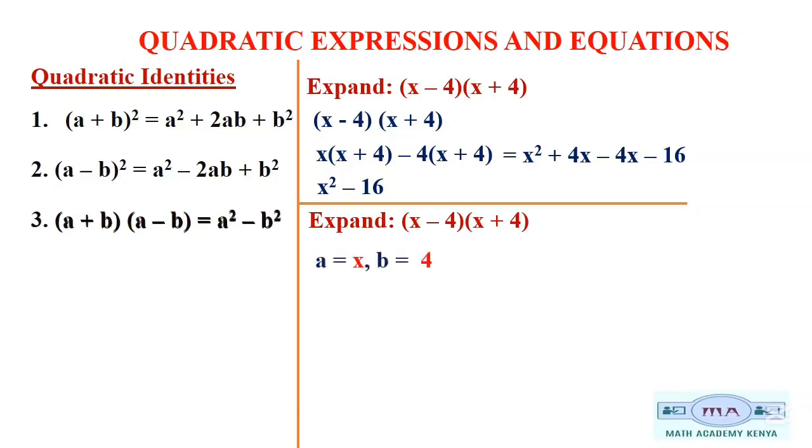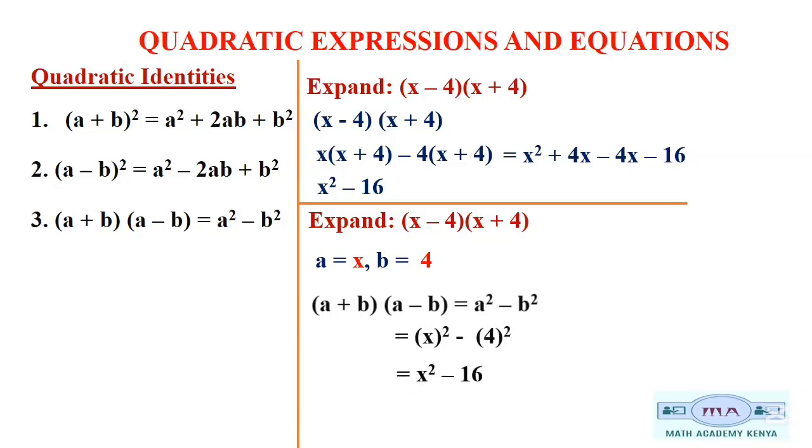Using quadratic identity number 3, we equate the value of a and the value of b. The value of a is x, so you square, minus the value of b, which is 4, you square, and this translates to x squared minus 16, which is just the same as the one we got when we expanded using the long method.